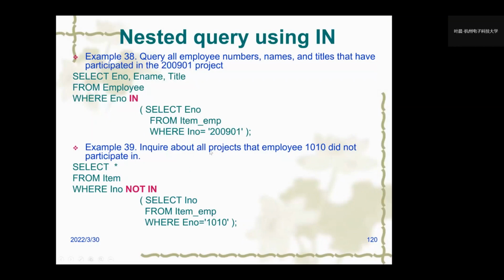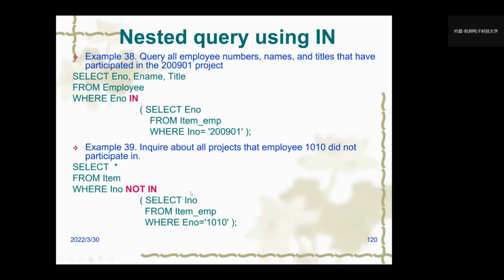By this subquery, we can obtain the employee numbers which participate in this project. Then we need to obtain the employee numbers, names, and titles, so we search the employee table, where the employee number is in the set found by this subquery, which ensures that all the employee numbers, names, and titles we return are the information of employees that participate in this project.